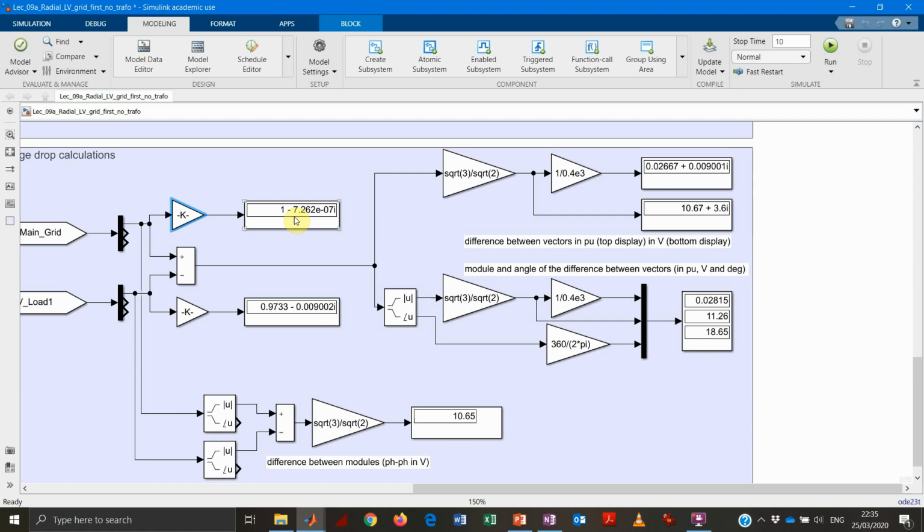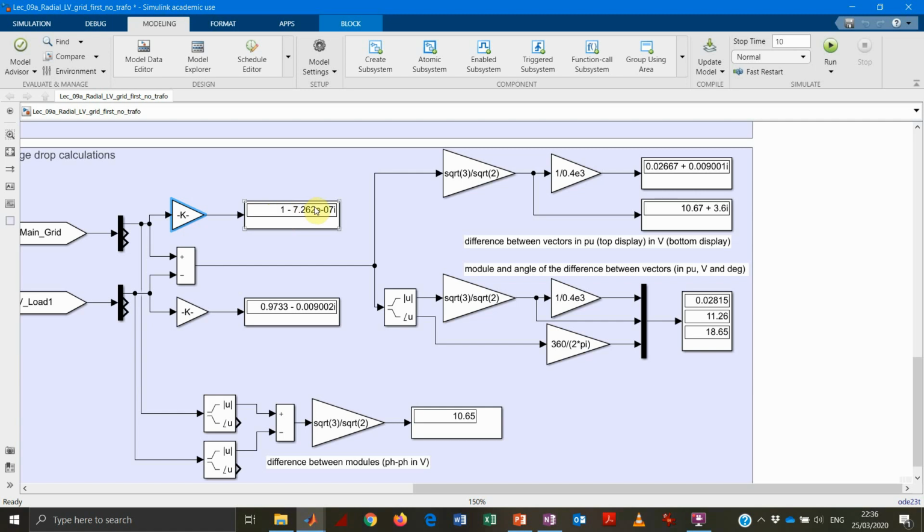So this is my voltage on the main grid at the terminal, which is basically 1 on the real axis and basically 0 on the imaginary axis, which makes sense because this is the slack node for me. So by default, this voltage should be 1 in per unit and 0 in terms of angle.